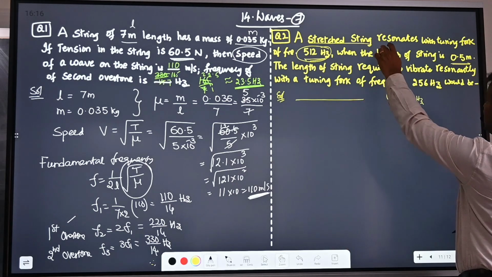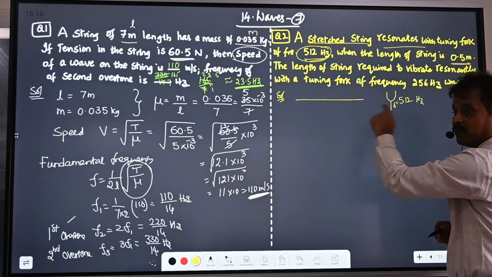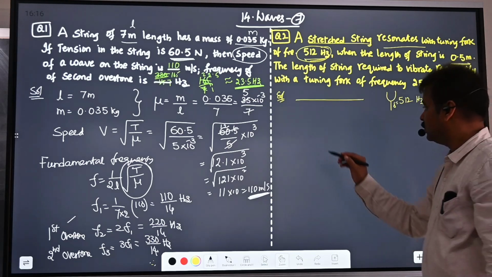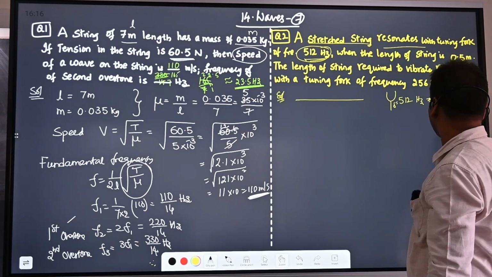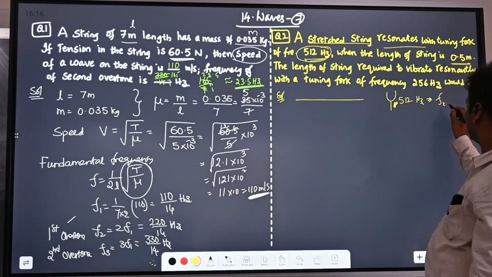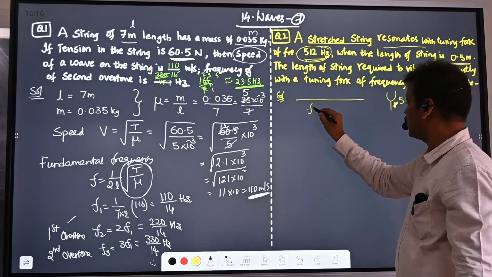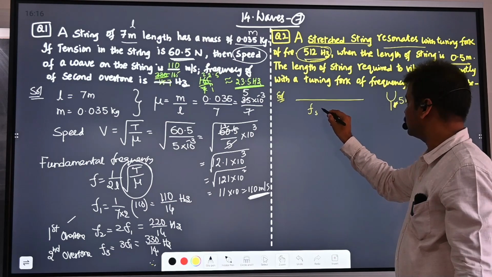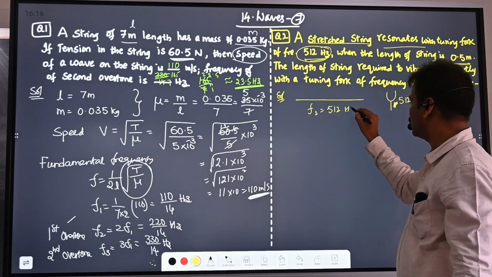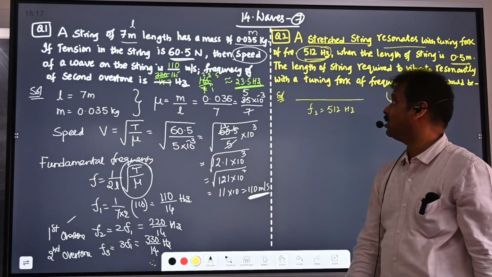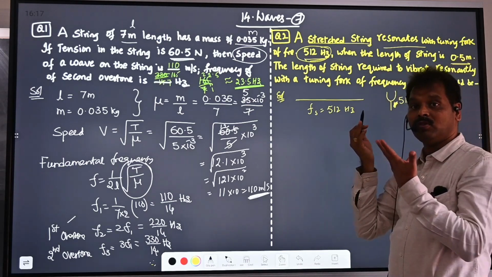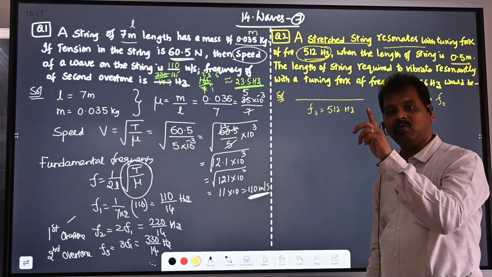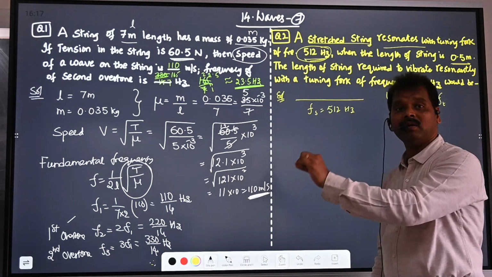Resonance means both frequencies must be the same. So this is the tuning fork frequency, Ft. What is the frequency of the string? 512. Always you consider the fundamental frequency.